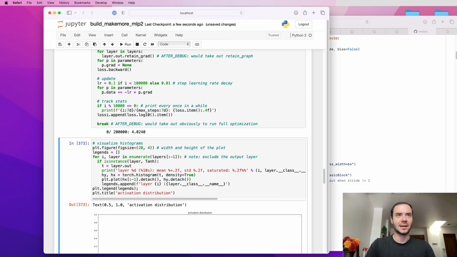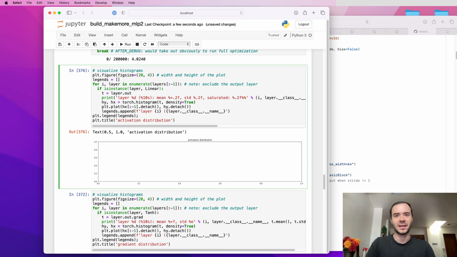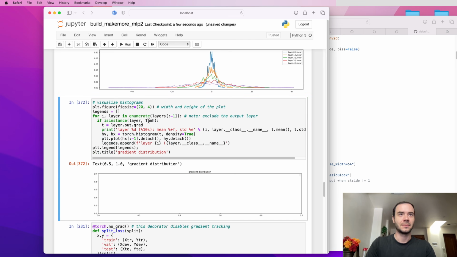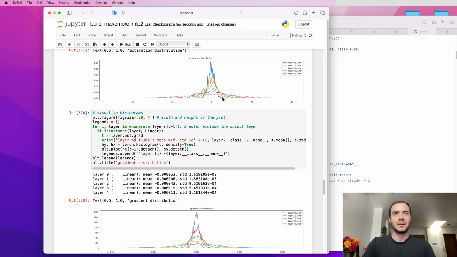And so what's going to happen now is the following. I have to change this to be linear, because there's no more tanh layers. And let me change this to linear as well. So what we're seeing is the activations started out on the blue and have, by layer 4, become very diffuse.